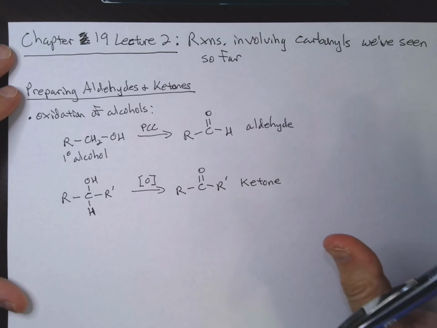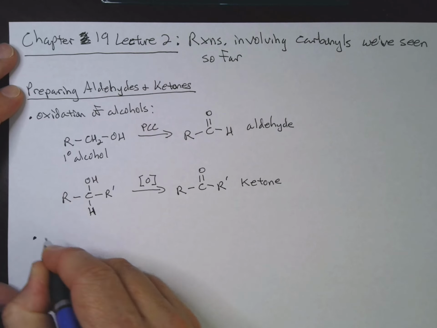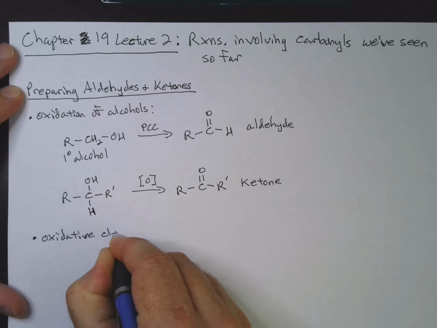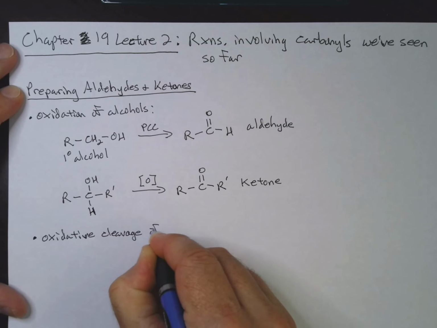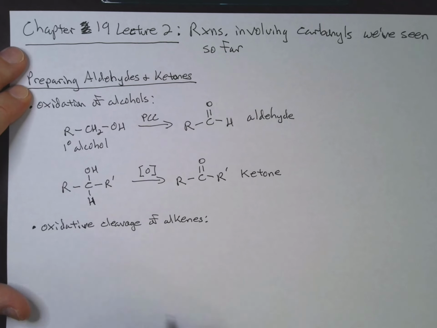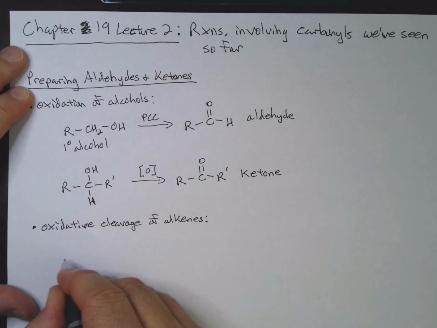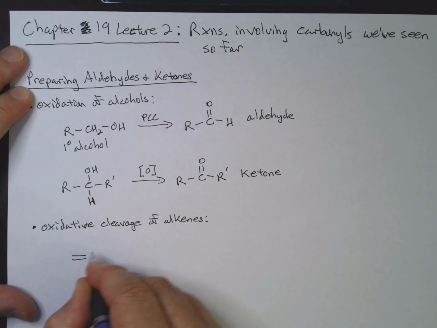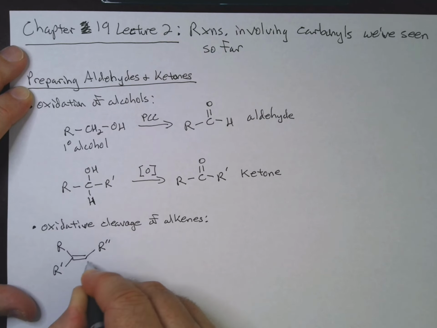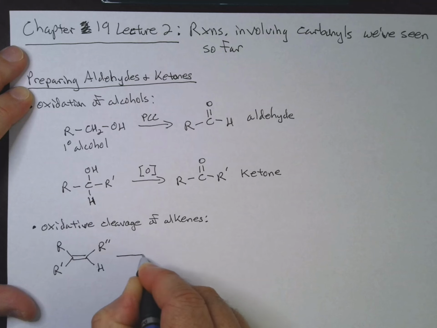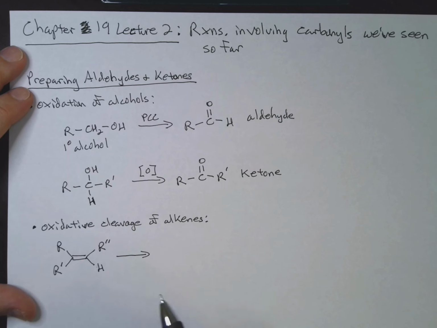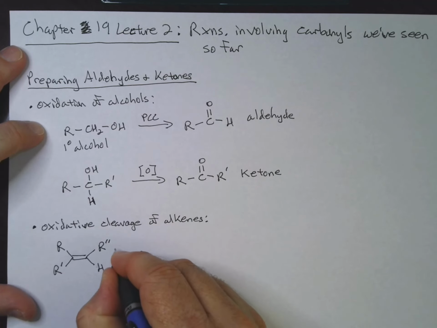Now we've also seen some other ways. We saw oxidative cleavage of alkenes. And in this case, if we have an aldehyde and we want to stop at the aldehyde, we want to use ozonolysis.